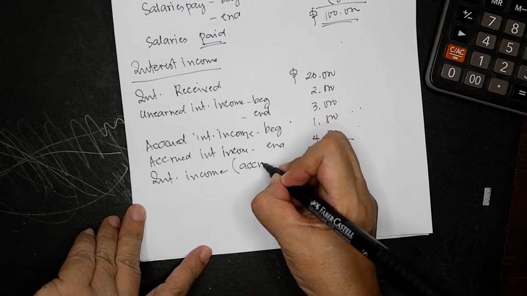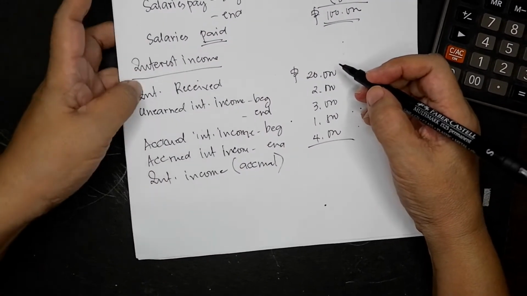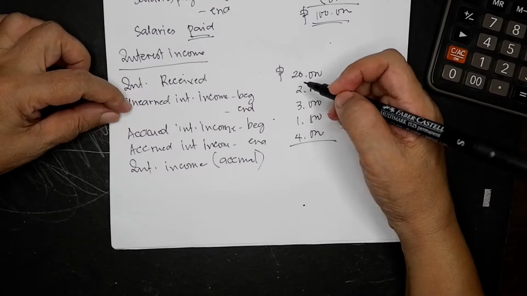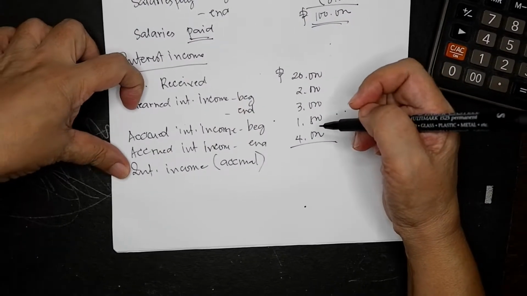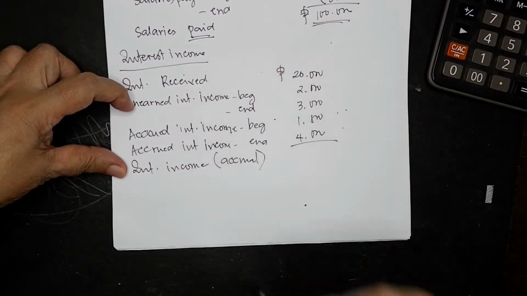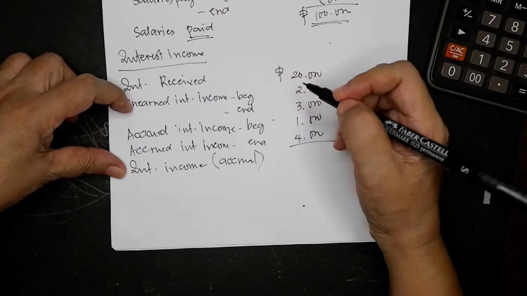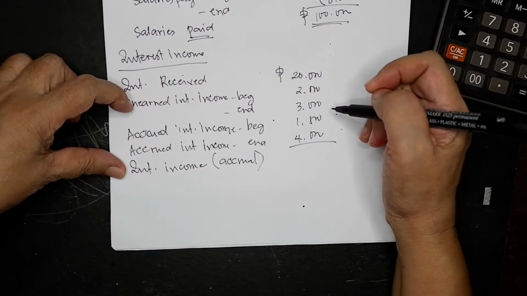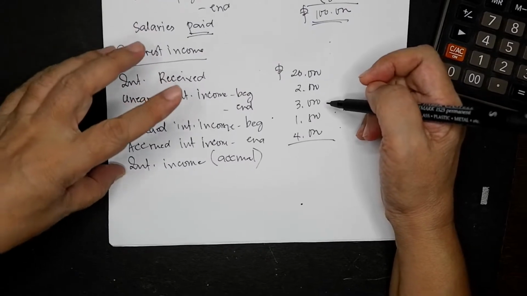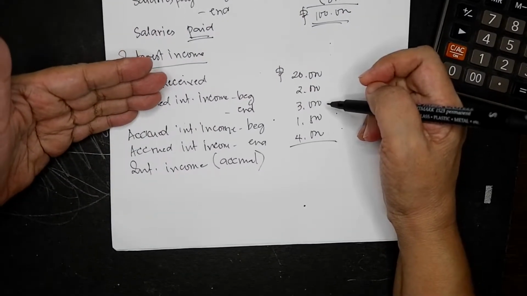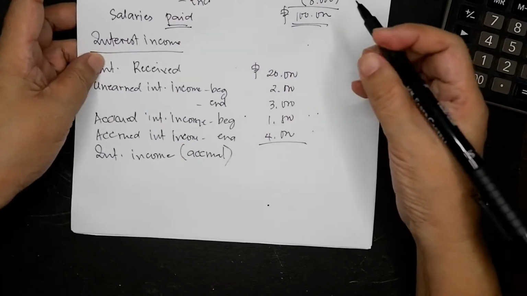Ito yung accrual. Okay, first let us define unearned interest. If we said unearned interest, it is an income already received but not yet earned. Okay, tinanggap na natin yung bayad pero hindi pa natin kinikita.